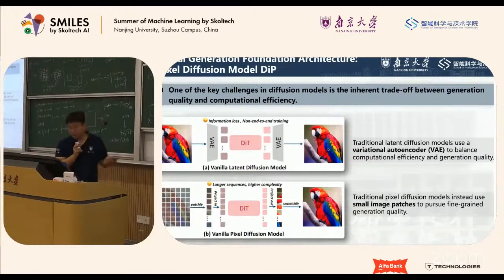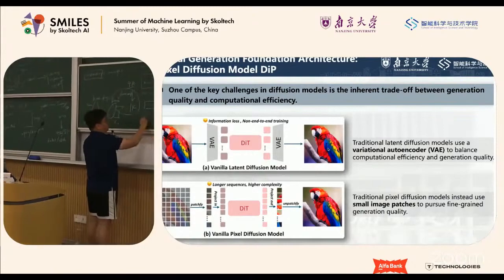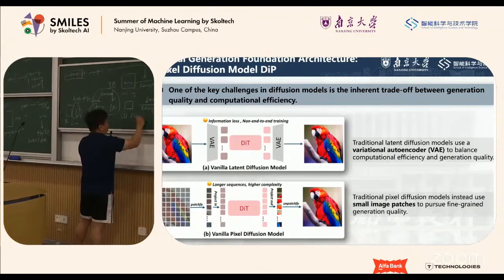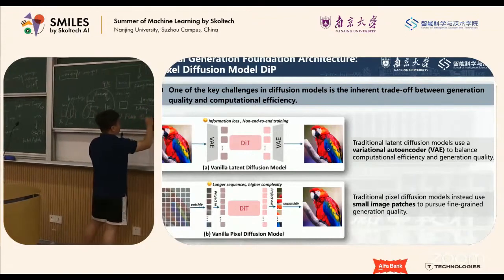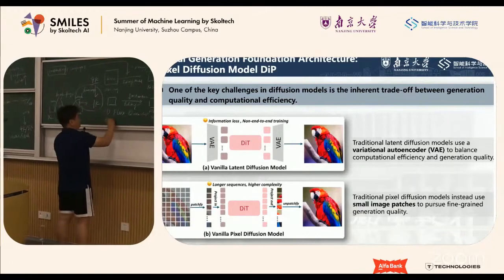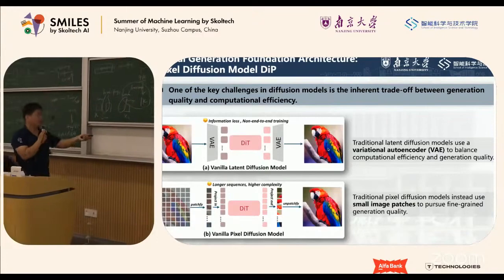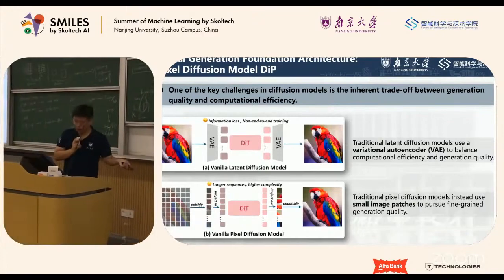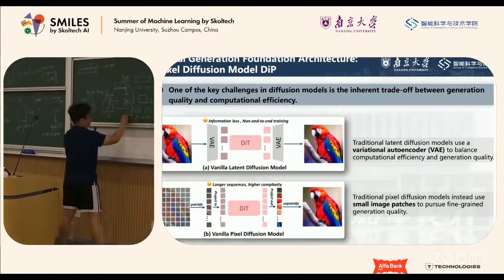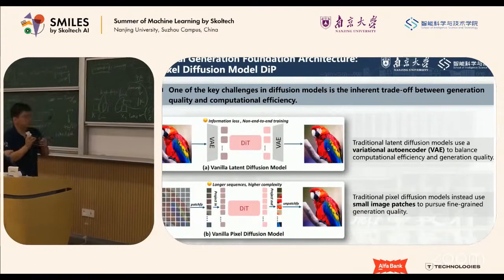So latent diffusion models, for example, Stable Diffusion or Flux or Qwen-Image or Z-Image. So these popular diffusion models are all latent diffusion models.